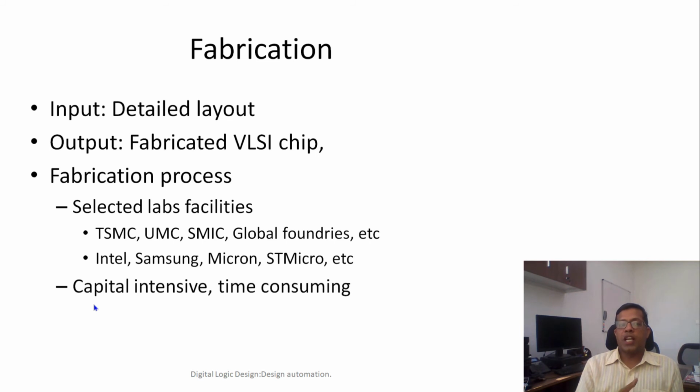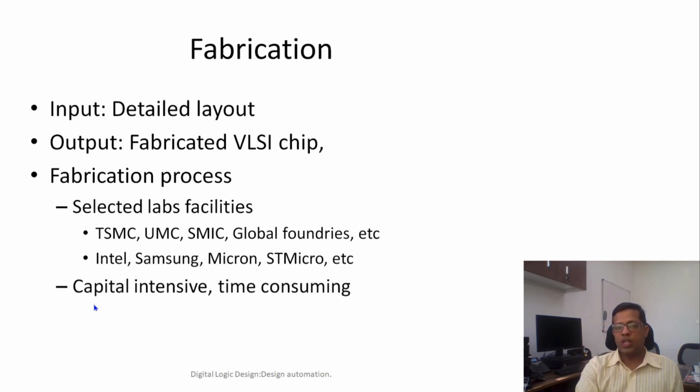The idea was started by companies like NVIDIA, Qualcomm, Broadcom. They were the initial fabless companies; they didn't have any fabrication facility. But today, most companies, even though they have their own fabrication facility, send the work to common fabrication facilities so that the cost can be minimized.